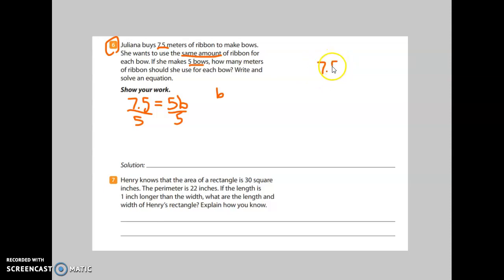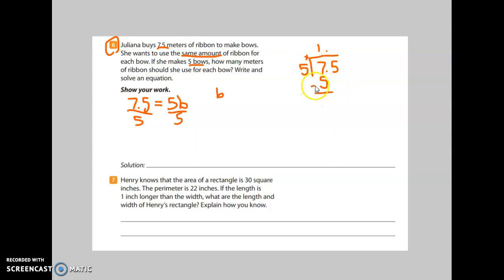7.5. Remember that when we divide decimals, we need to bring the decimal point right on up here. This tells us that there's only one number that's going to go in front of the decimal point. So 5 divided into 7 can only happen once. 5 times 1 is 5.